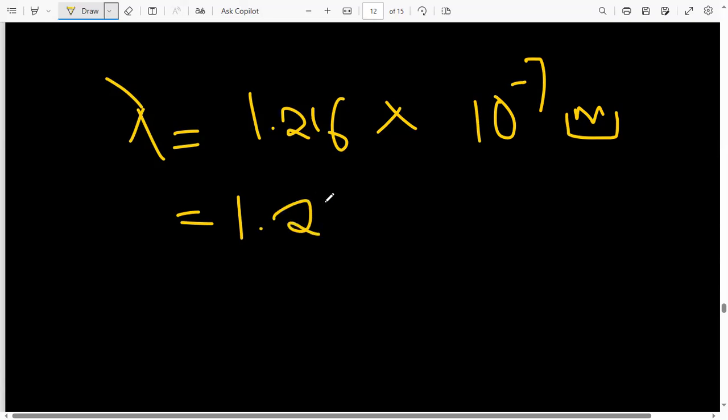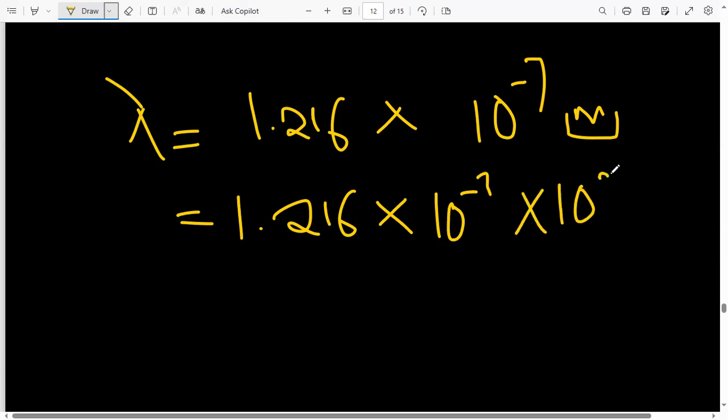So this will be 1.216 multiplied by 10 to the power minus 7, and then multiplied by 10 to the power 9.